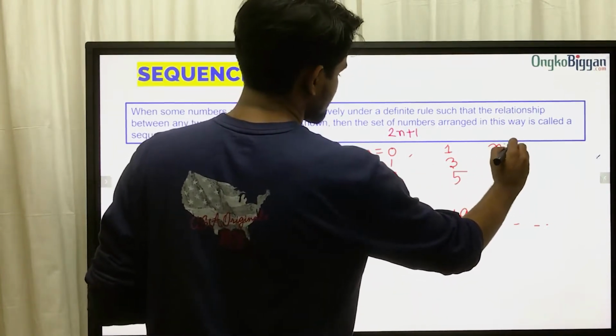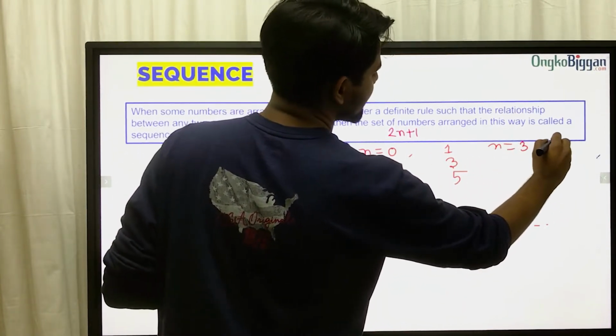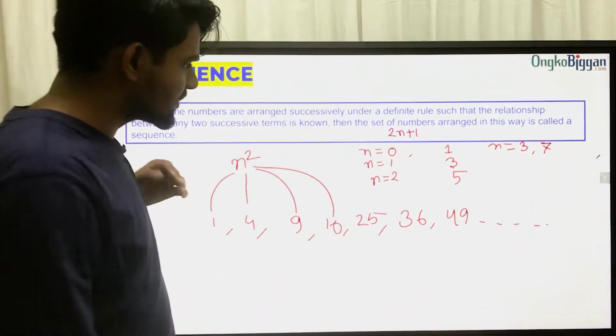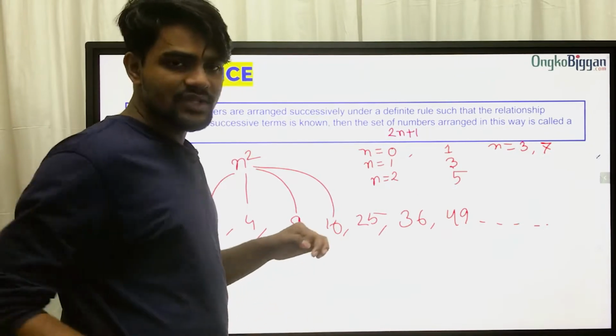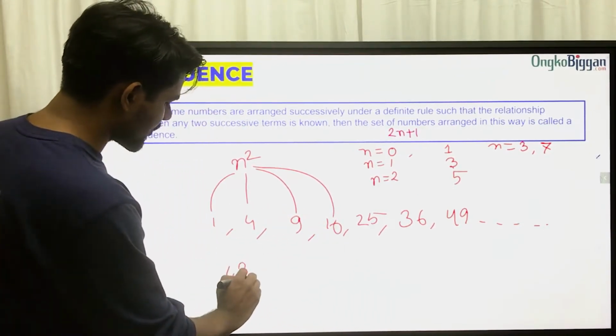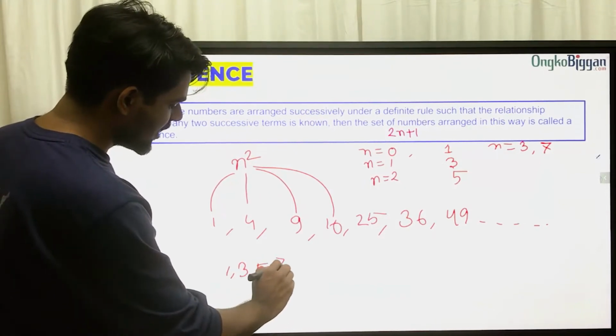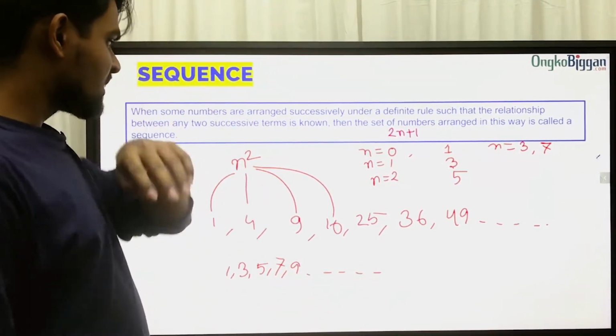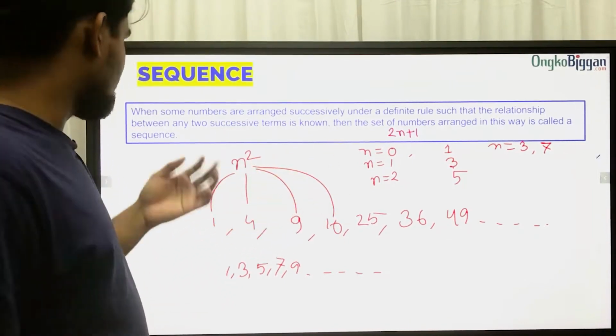When n is equal to 3, we get 7. So see, we are creating a sequence of odd numbers. If I write them in sequence form, I will get 1, 3, 5, 7, 9, and so on. So this is how we create a sequence.